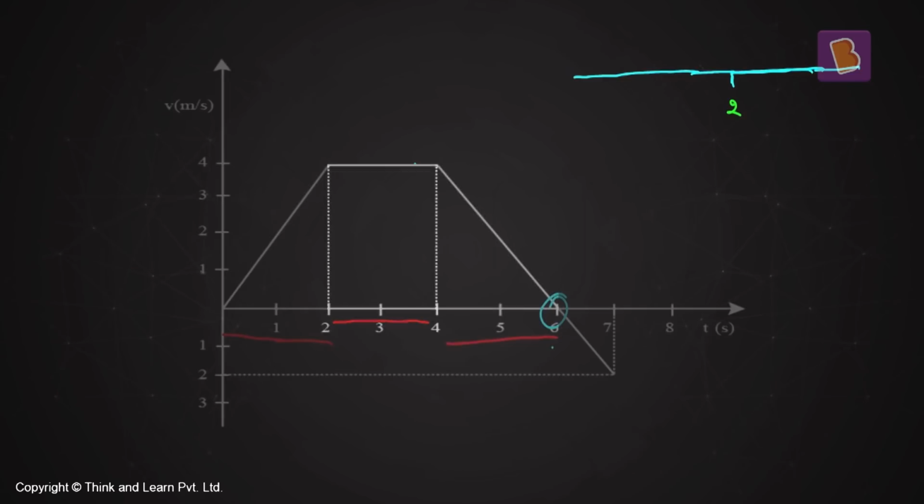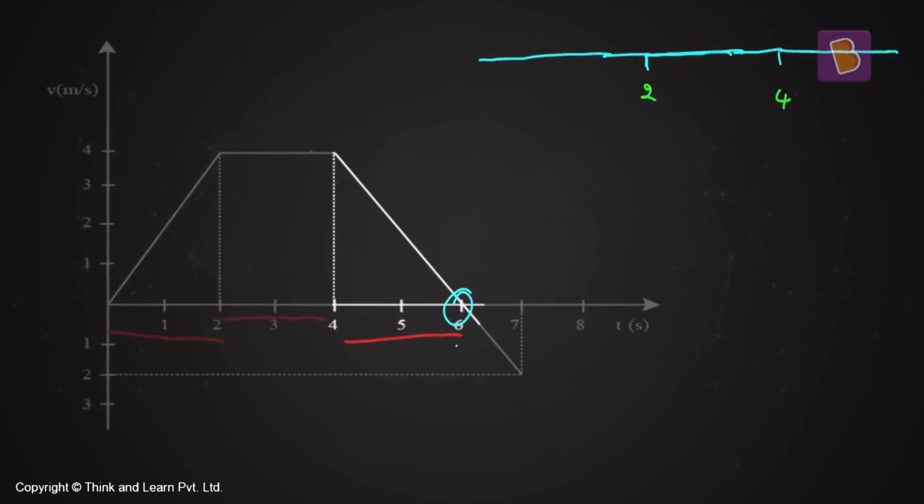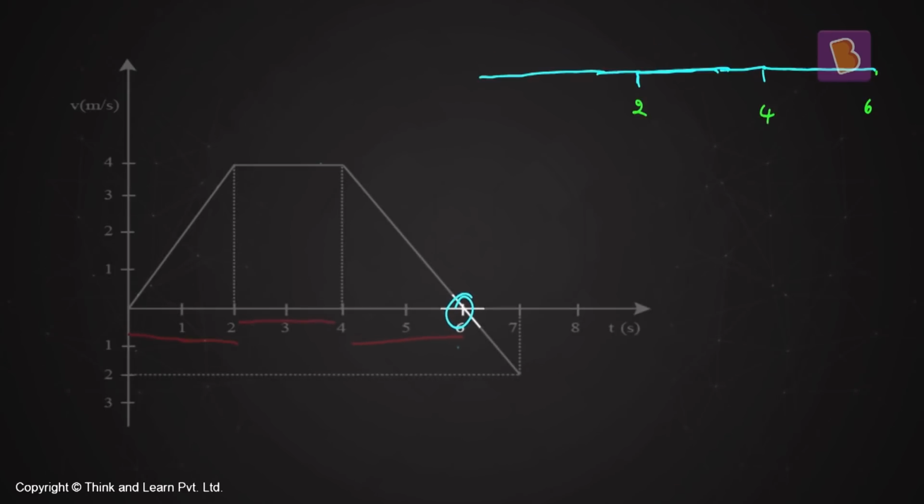Now from the 4 second mark, the object is decelerating, or in other words, its velocity is reducing, but it's still going in the same direction because the velocity is positive. So from here to here, it will still go like this in the same direction, but the velocity is slowly reducing till it reaches 0 at the 6 second mark. But then you'll see that the velocity is changing direction, which means the body is coming back.